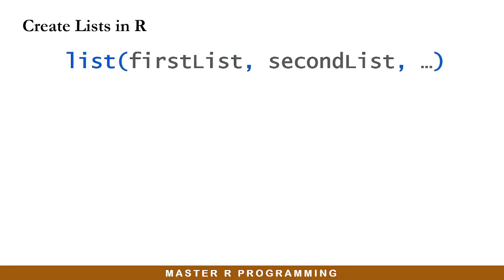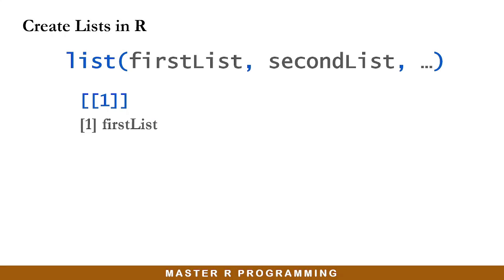Now, when you use the list function and pass in elements, each element of the list can be of any data type. But over here, as shown on the screen, first list, second list are simply placeholders for those elements. So when you execute this code, you will observe that the first element is actually assigned an index. That is the double square bracket with the number 1 in there, identifying the first list.